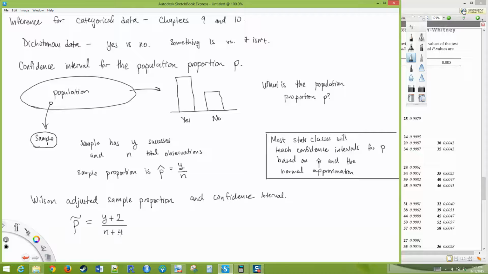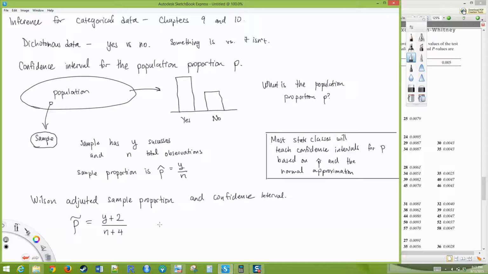Then it adds 2 to the numerator but 4 in the denominator, which essentially says there were 2 people that didn't have that, like 0.5 and 0.5. So it kind of just adjusts. It takes it off of these extreme bounds of 100% or 0% also.